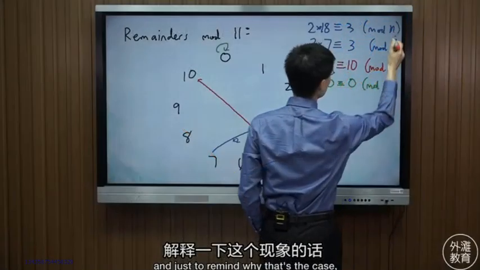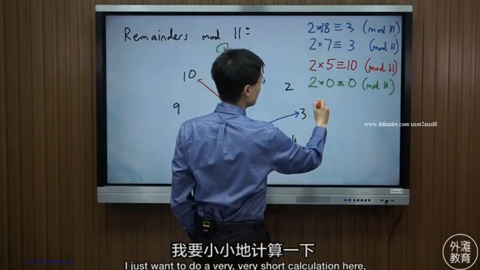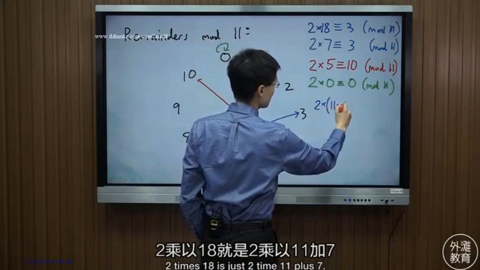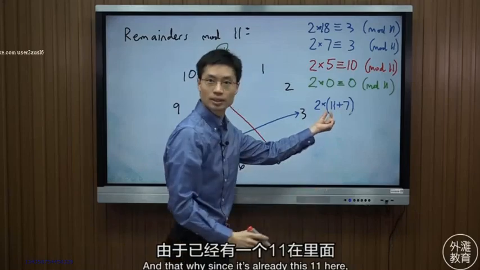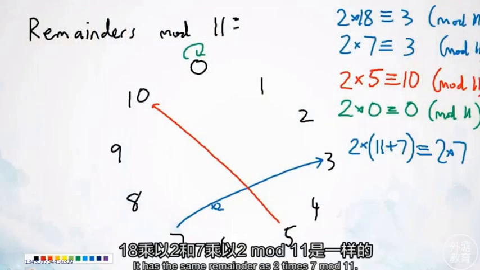And just to remind why that's the case, I just want to do a very short calculation here. 2 times 18 is just 2 times 11 plus 7. And since there was already this 11 here, it has the same remainder as 2 times 7 mod 11.